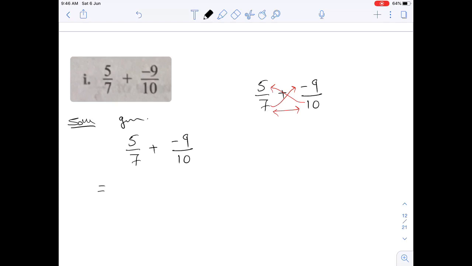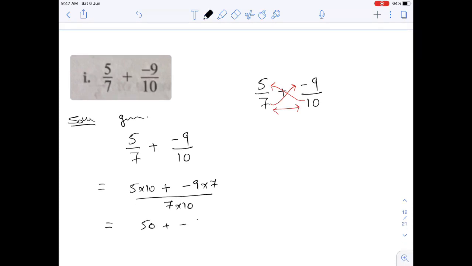In the next step you will get 5 into 10, then the plus sign, then minus 9 into 7, and then we multiply 7 and 10, so 7 into 10. Equals: 5 tens are 50, plus minus into plus becomes minus, then 9 sevens are 63.